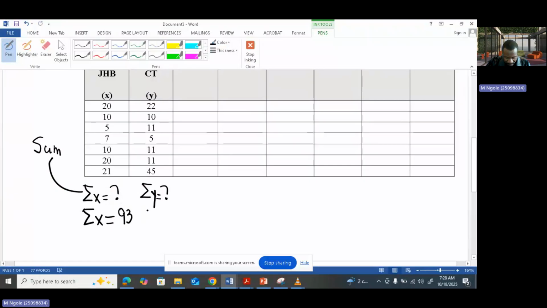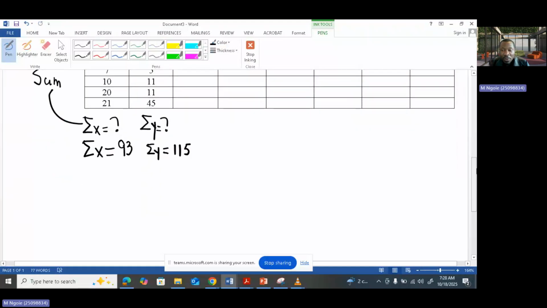Sum of y is 32 plus 16 plus 22 plus 45. So sigma y is 115, right?